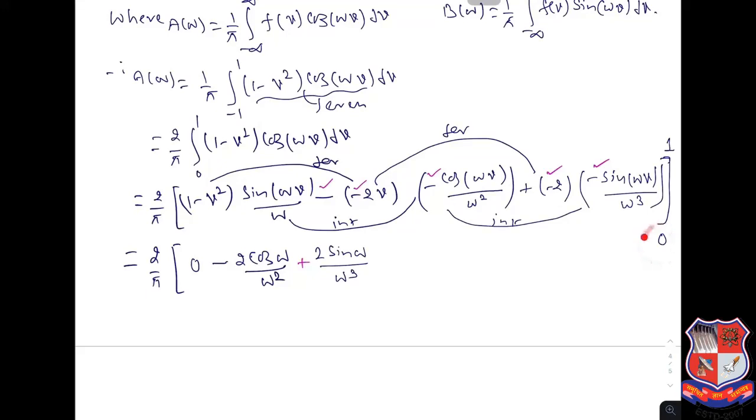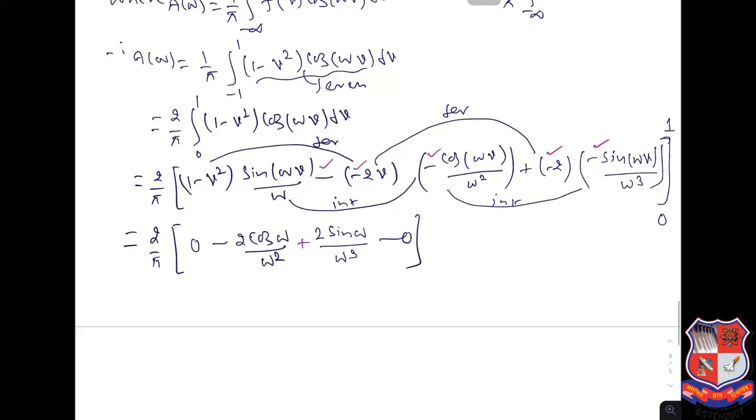And now v equal to 0. So lower limit. So when I take v equal to 0, then due to this sine omega v, sine 0, this is 0, due to this v, that is 0, and due to sine, that is 0. So lower limit is 0. Okay. So the answer is this 2, 2, 2.